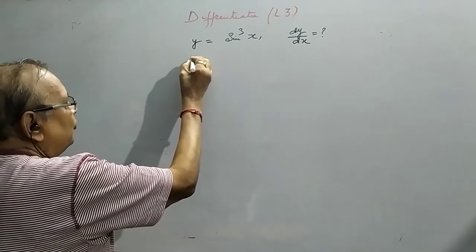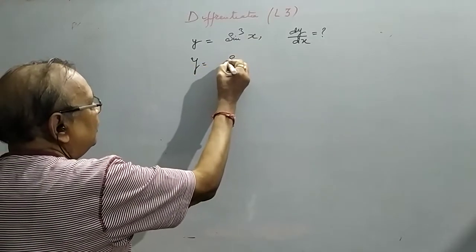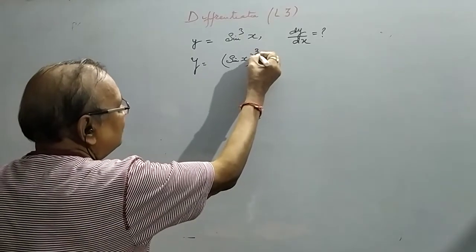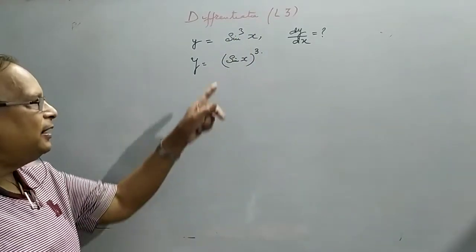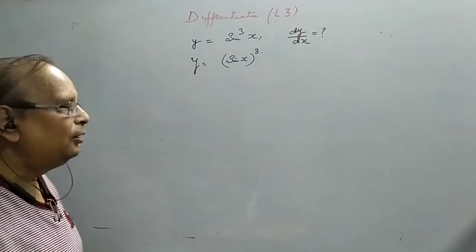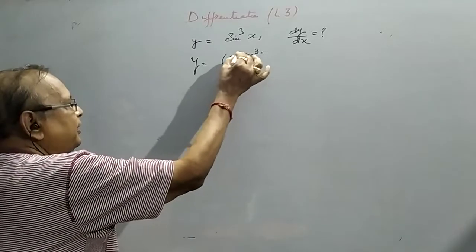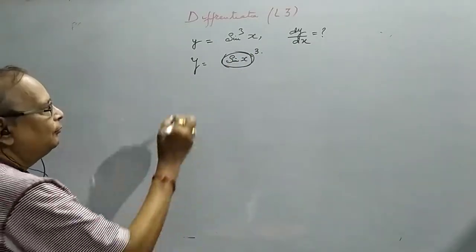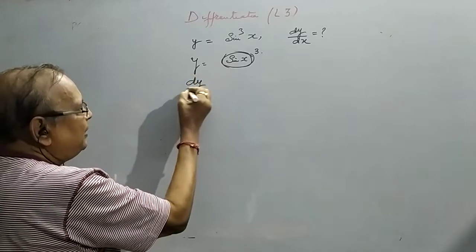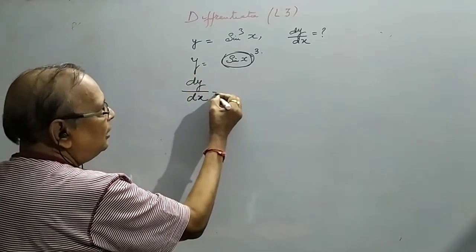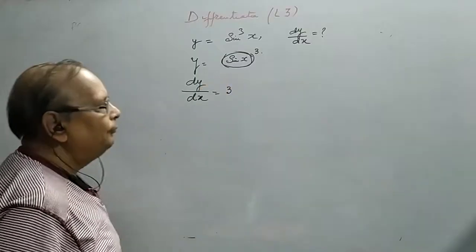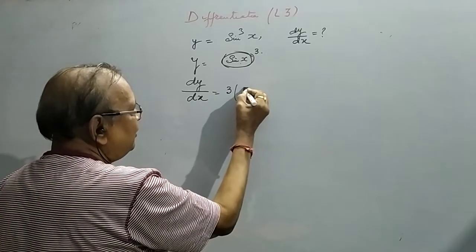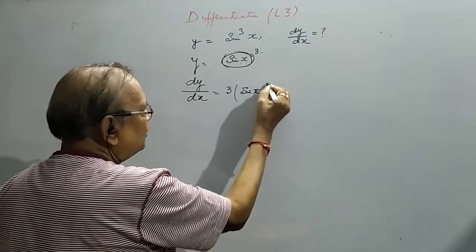Now, y is equal to sin x whole cube. We have to differentiate treating sin x as t. That is, dy by dx is equal to 3, if we treat it as t, 3t square, that means 3 sin x whole square.